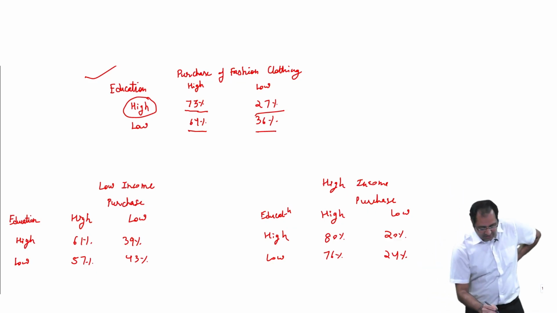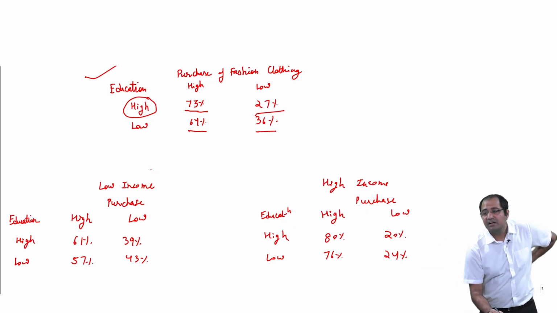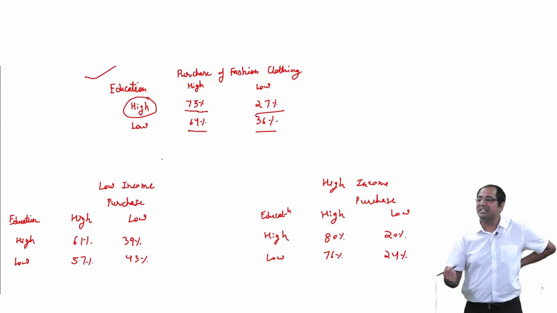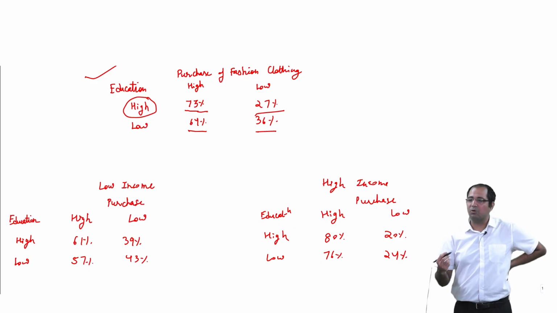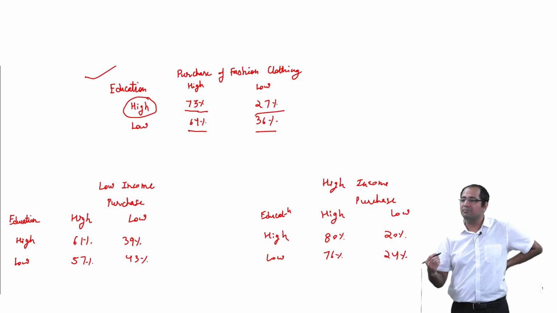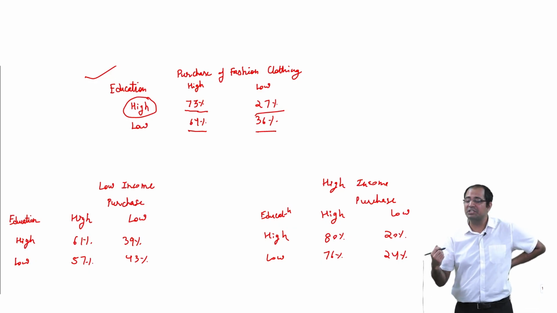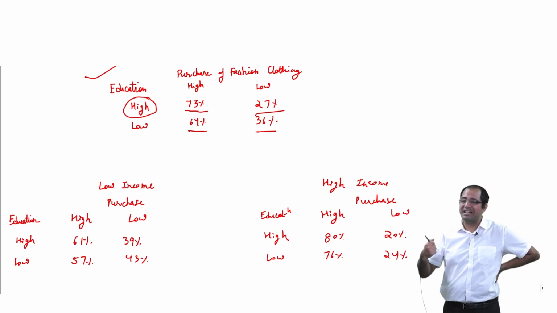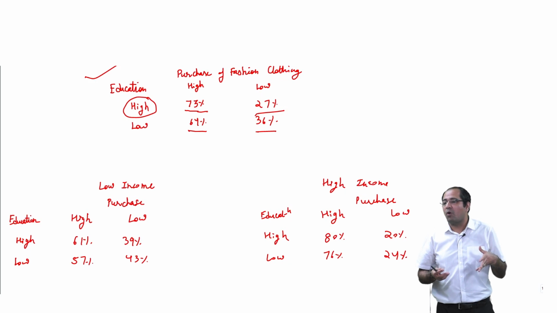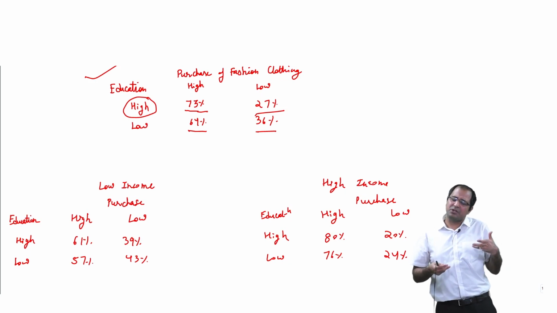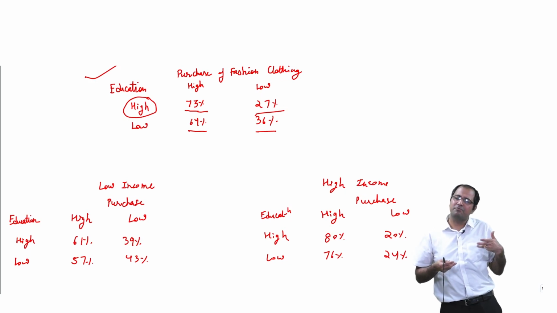But when income was introduced, so how to control for income? When income was introduced as an extraneous variable, as one of the possible causes, the researcher wanted to see: is it really the education that leads to more purchase of fashion clothing, or is there something else, might be income?